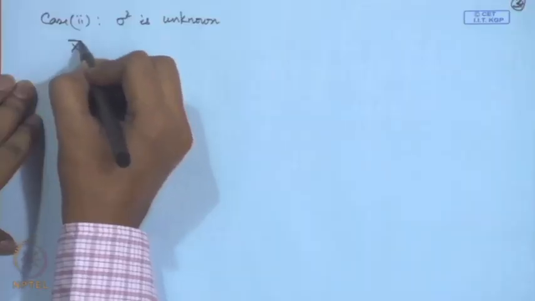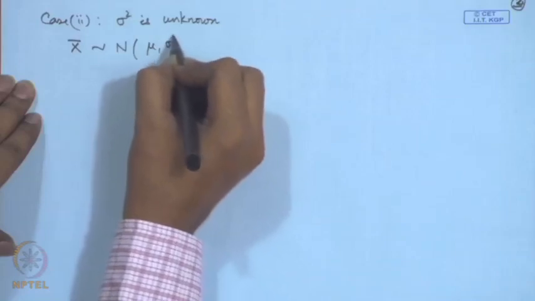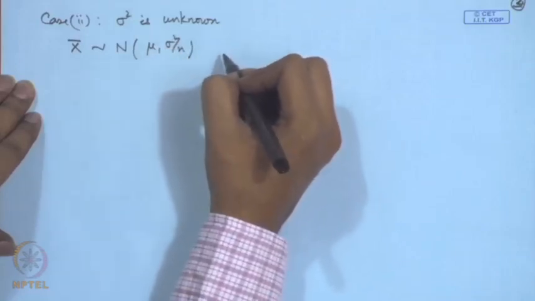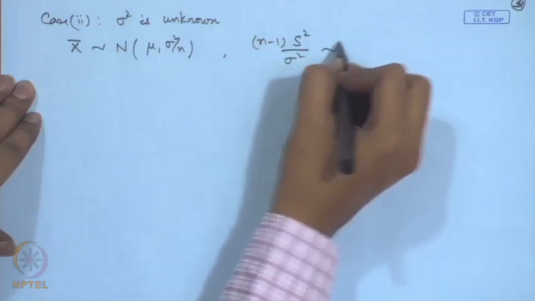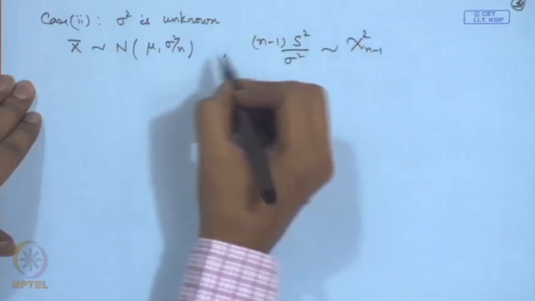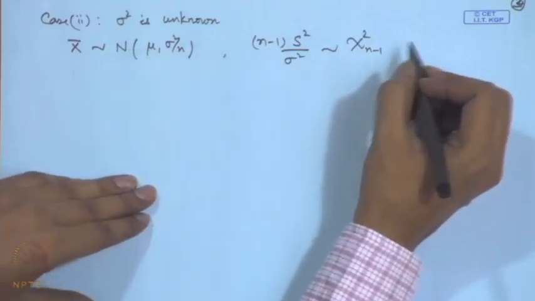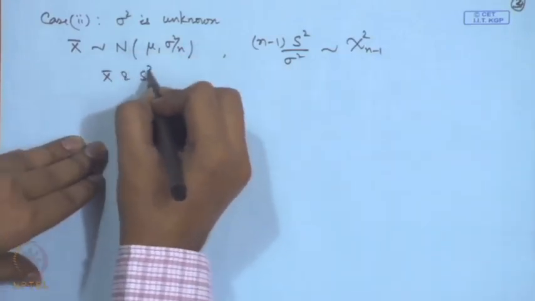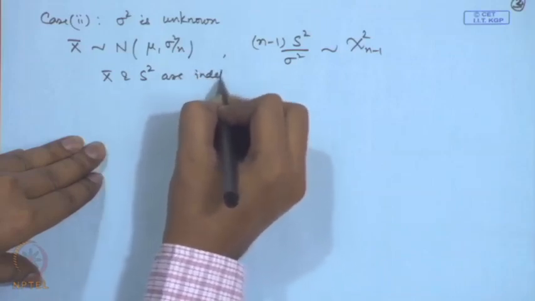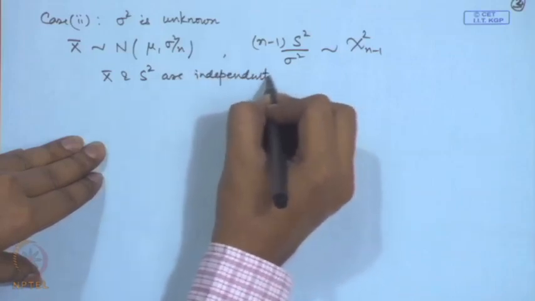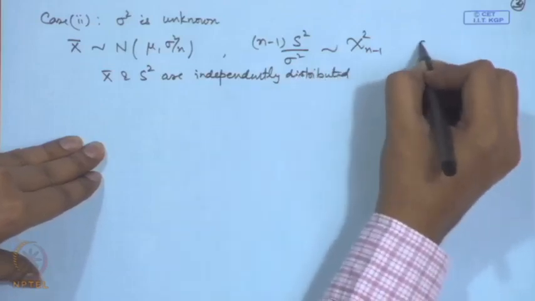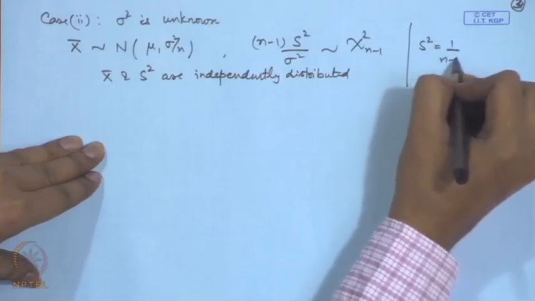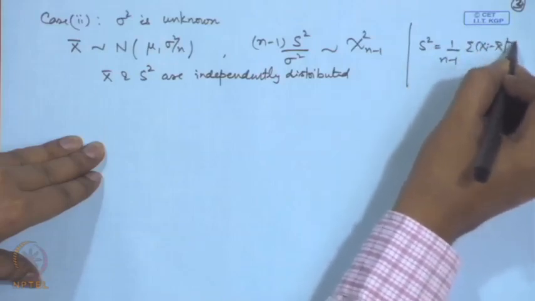So, let us consider now x bar following normal mu, sigma square by n, and also we observe that n minus 1 s square by sigma square follows chi square n minus 1, and also we note that x bar and s square are independently distributed. Here s square is actually the sample variance, 1 by n minus 1 summation x i minus x bar whole square.